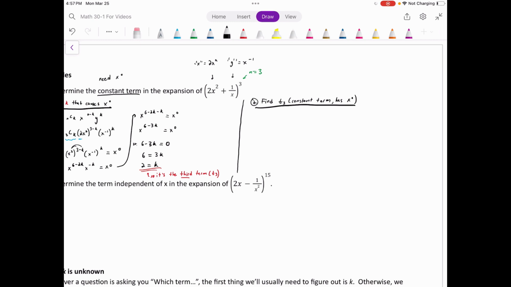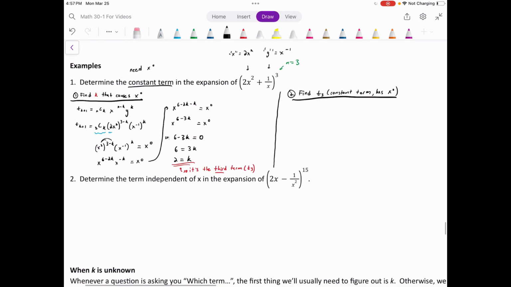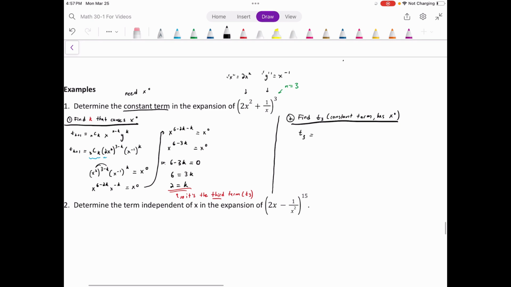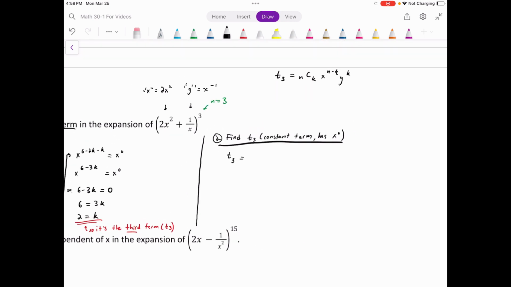All right, so now we're going to actually use the full binomial theorem. We are concerned with the coefficients now because we're actually trying to find the term. We're not just figuring out what term number would have an x to the 0. So we're trying to find T3. It's going to be equal to n choose k. Let me just write the binomial theorem up here so we can reference it. N choose k, x to the n minus k, y to the k. So n choose k, our n is 3.